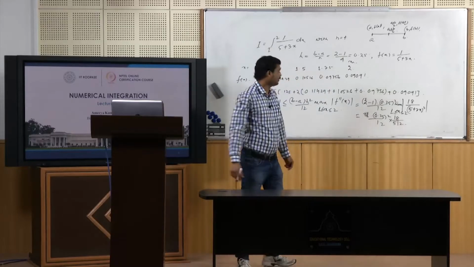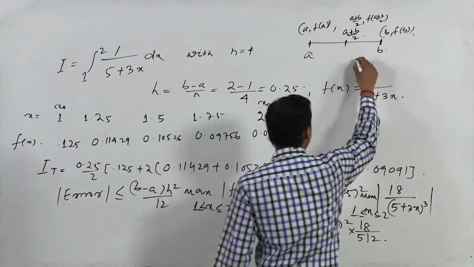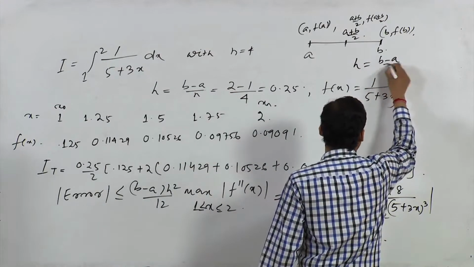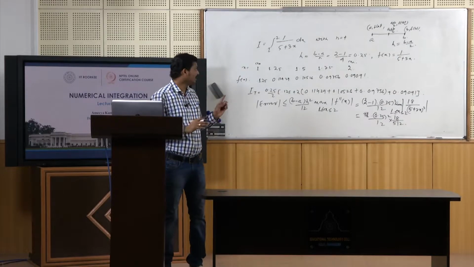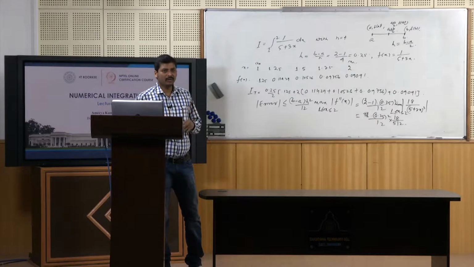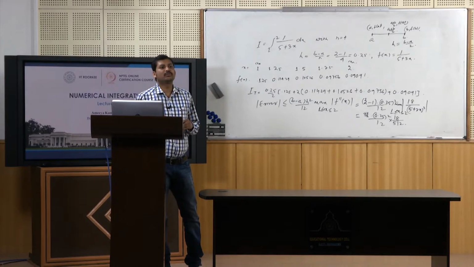And we can write the step size h equals b minus a by 2, with x0 equals a, x1 as a plus b by 2, and x2 equals b.